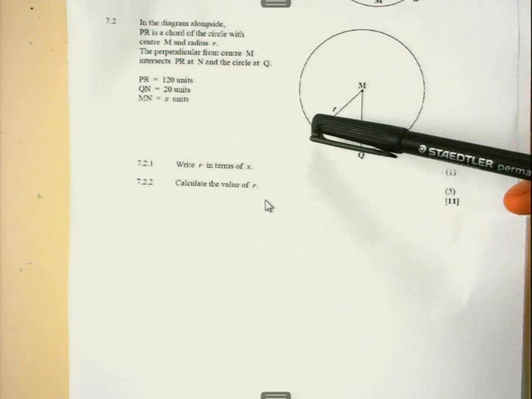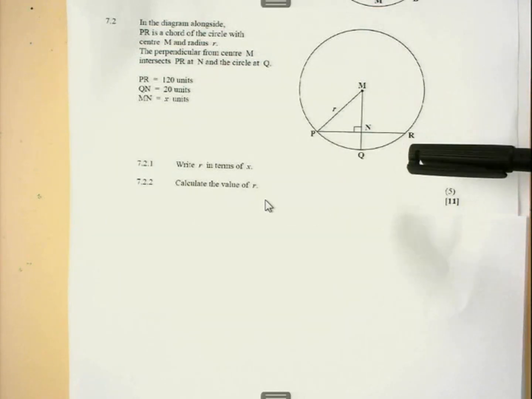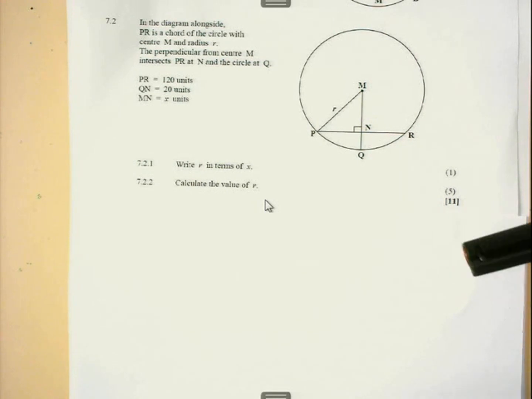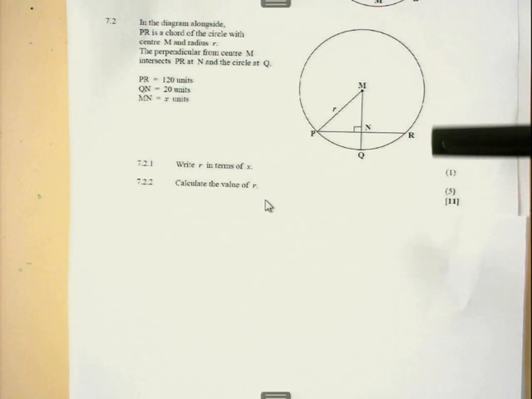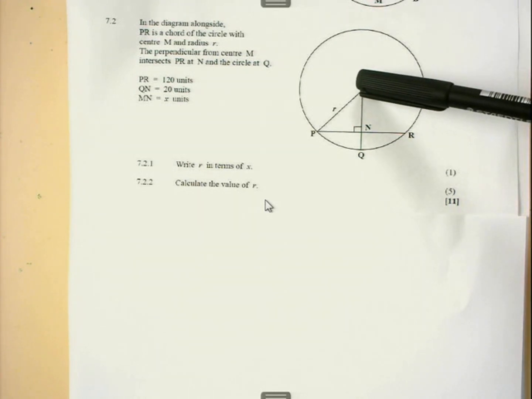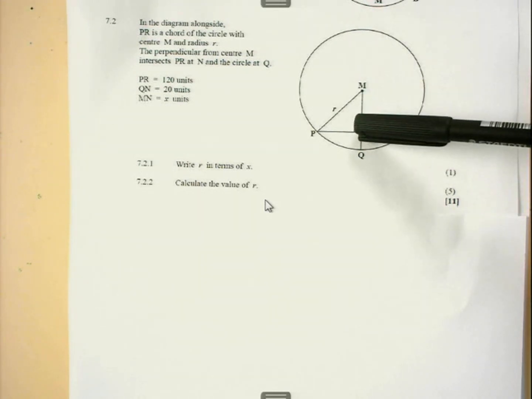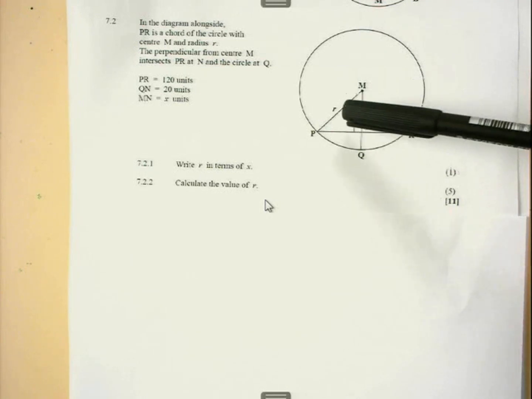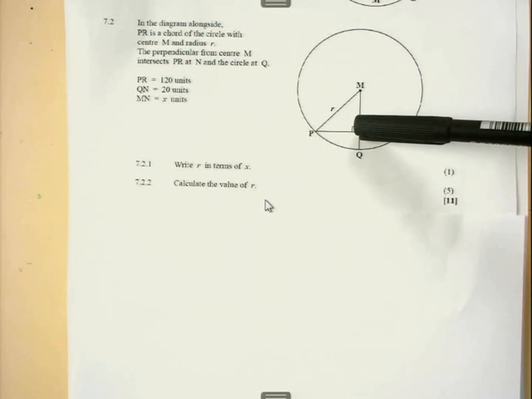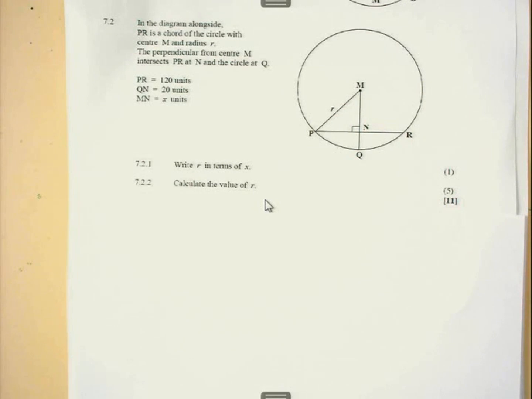PR is a chord, very much similar to the problem that we just did. The perpendicular from center M intersects PR at N. Therefore, here's the perpendicular from M, the center. The perpendicular, 90 degrees here, from center M intersects PR at N. Here it is clearly indicated. PR is 120 units.